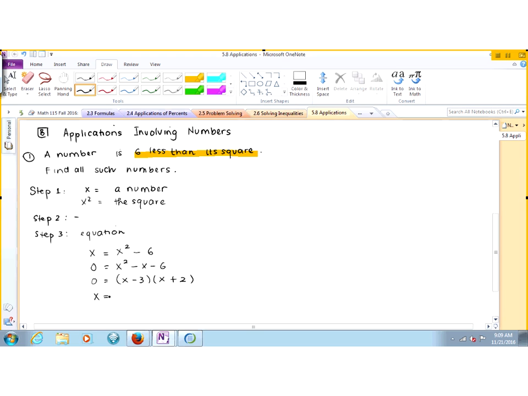Yes. So x is equal to 3. Oh, this is step 4. When we solve, this is step 4. X is equal to 3 or x is equal to negative 2. Good.